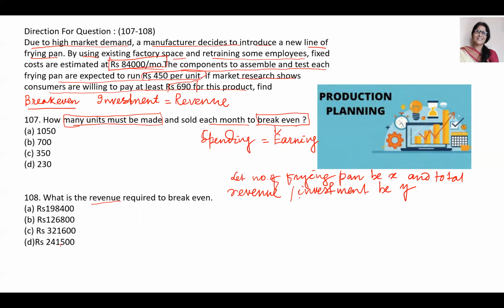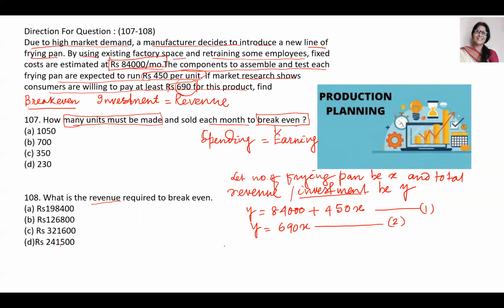When I go for investment, y is equal to 84,000, the fixed cost he has to spend, plus per frying pan he is spending 450, so it will be 450x. This is equation 1. And when he is selling, he is getting 690 per frying pan, so y is equal to 690x. This is equation 2.